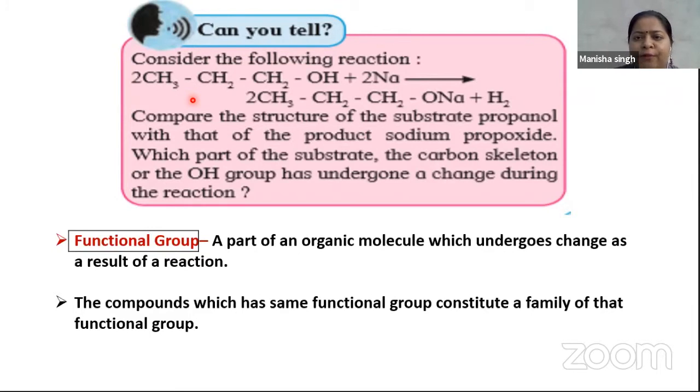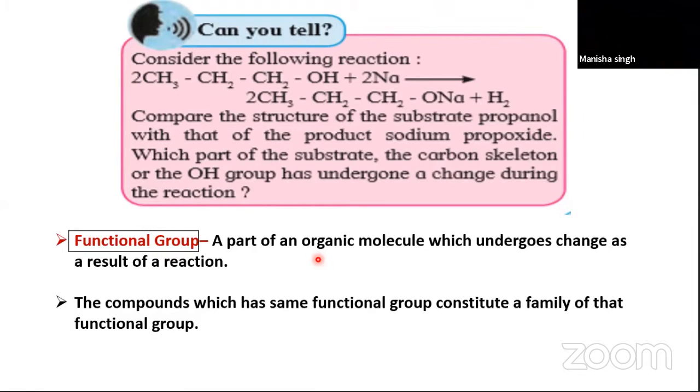So which part of this has undergone the reaction? OH. OH is the part which has undergone the reaction. So here hydrogen is replaced by sodium. So OH is nothing but a functional group. So functional group is the part of the molecule which undergoes the change as a result of a reaction. So this is known as functional group.